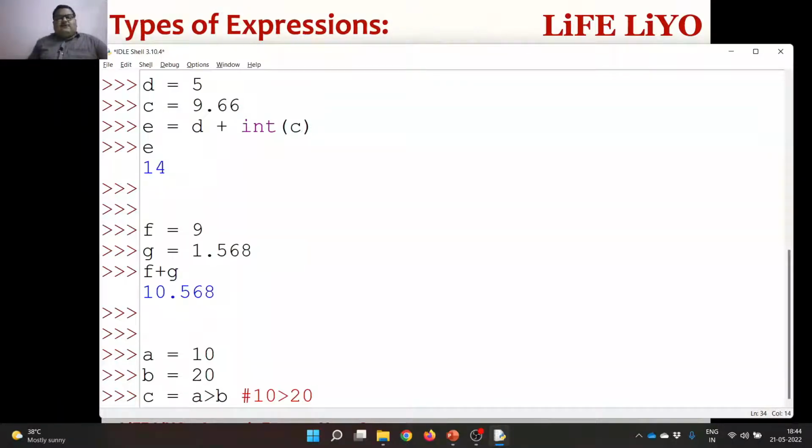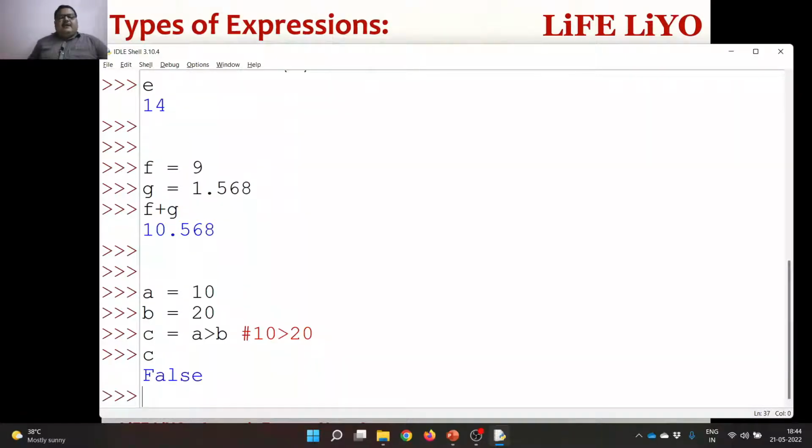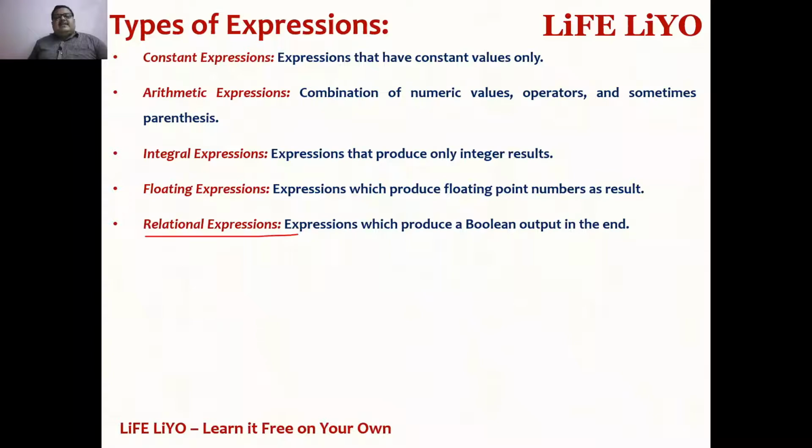Is it true or false? It is false. So when we print C, we get False. Using a relational operator between operands is called a relational expression. Whenever you execute it, we get a Boolean output, either true or false.